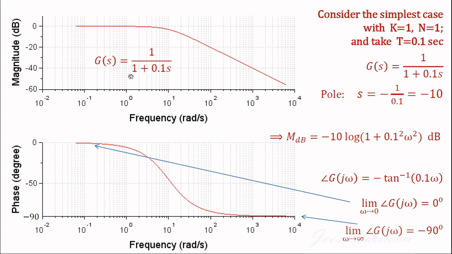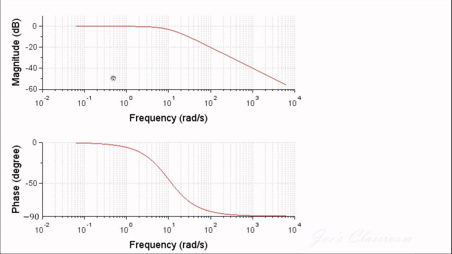However, when Bode observed these magnitude and phase plots, he saw some straight lines in this also. He saw that both the magnitude and the phase plots were piecewise linear.